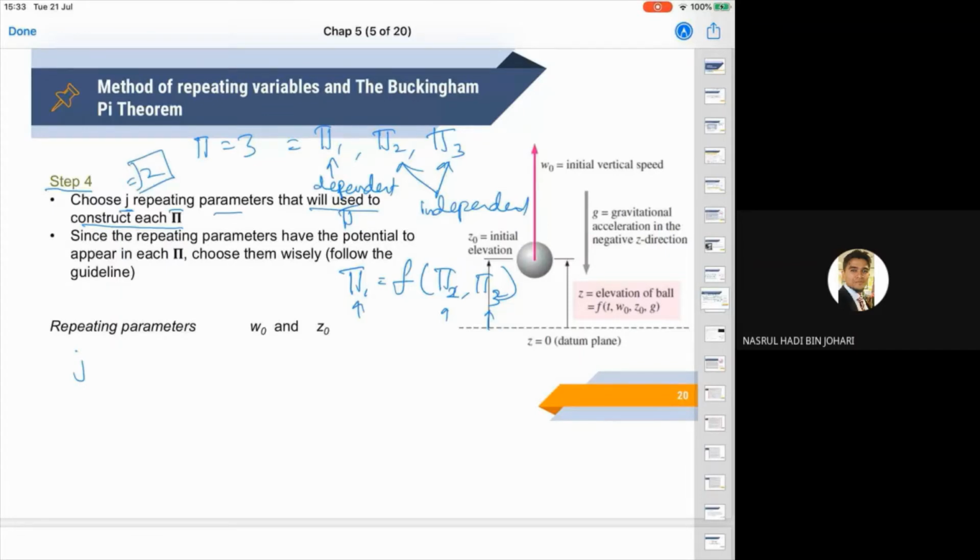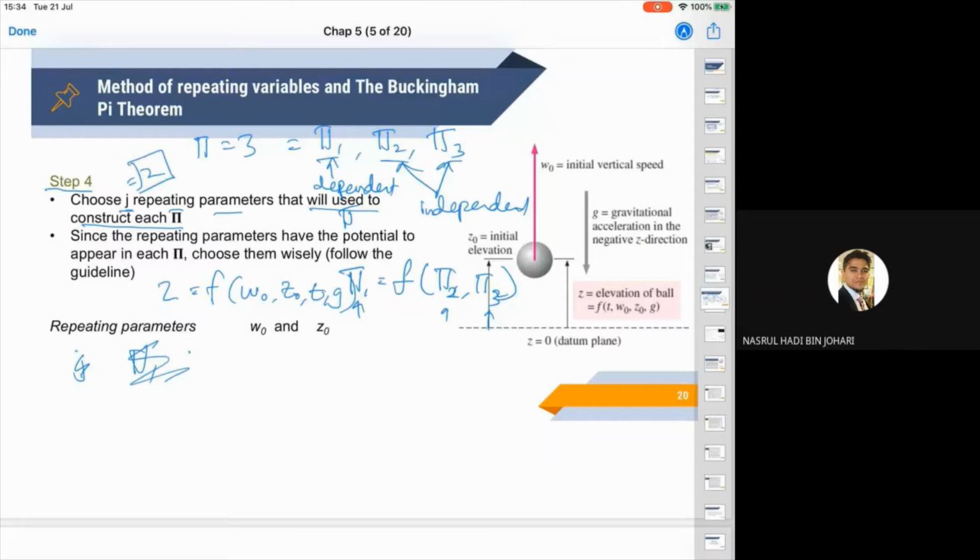Ingat tak tadi kita ada pi 1, pi 2, pi 3 kan? So we want to use 2 parameters from the 5, ni kan, saya tulis balik supaya ingat, Z, O, T and G kan?